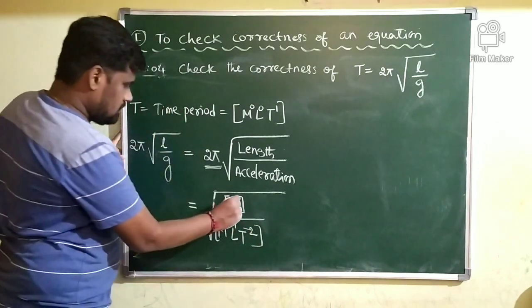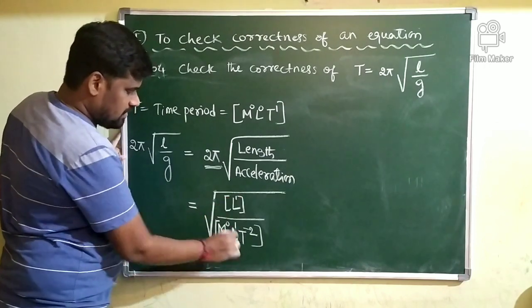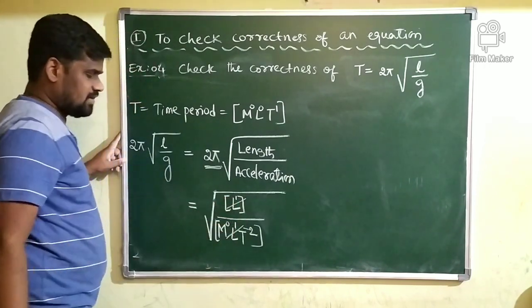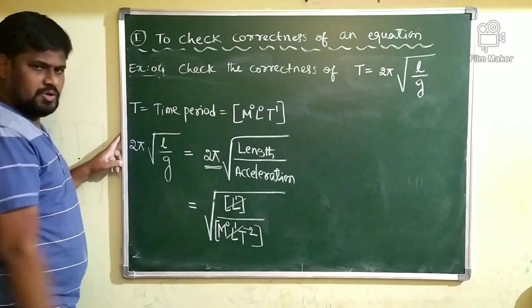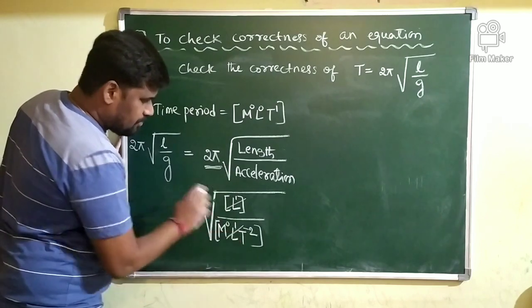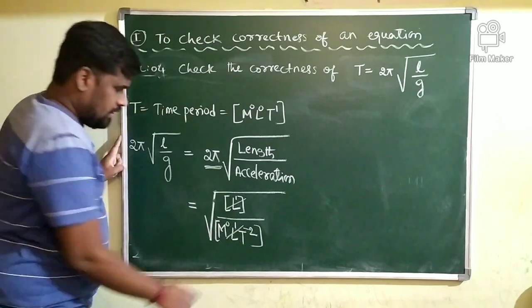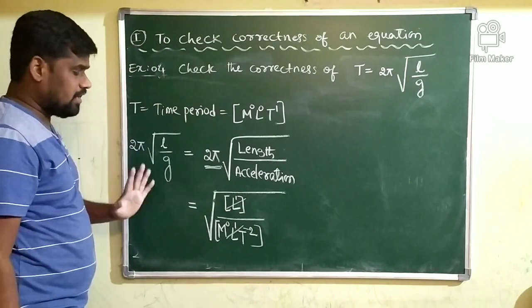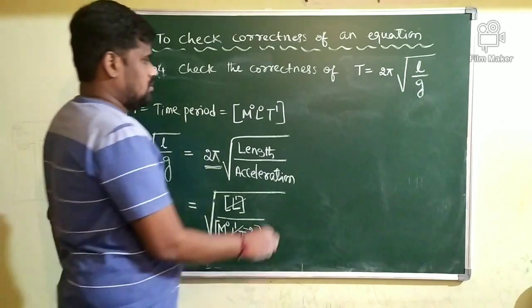Next, here L power 1, here L power 1. L power 1 gets cancelled. Here m power 0, neglect it. We are left with t power minus 2. Take this t power minus 2 to the numerator, it will become t power plus 2.